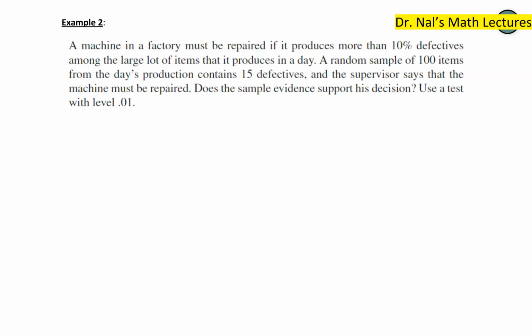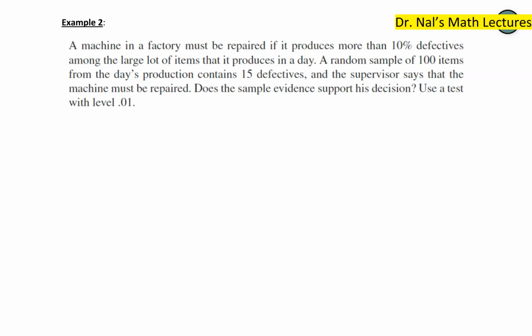A random sample of 100 items is selected from the day's production, and it contains 15 defectives. Now 15 is exactly 15% of 100. So you might say the supervisor says that the machine must be repaired, naturally, right? Is he wrong? Does the sample evidence support his decision?